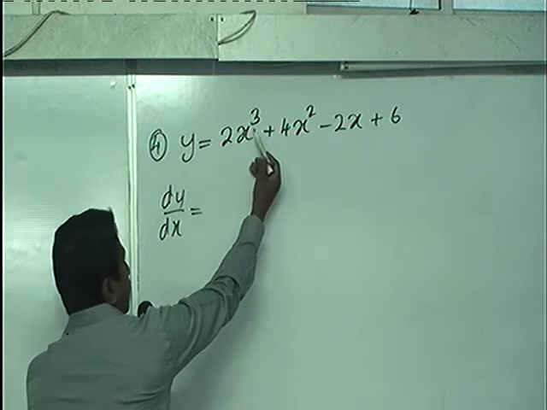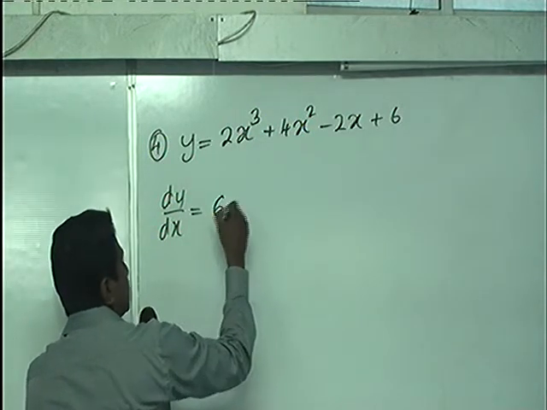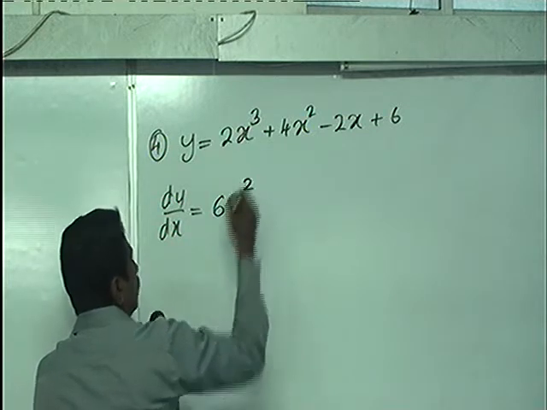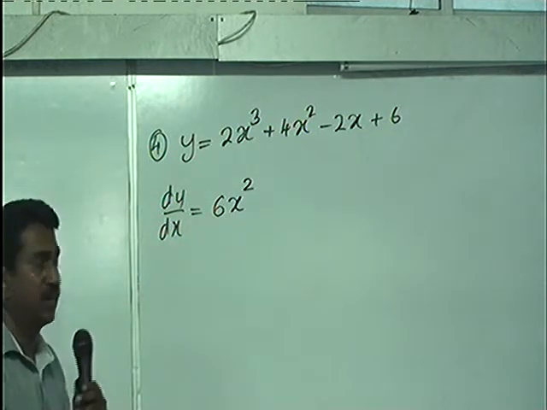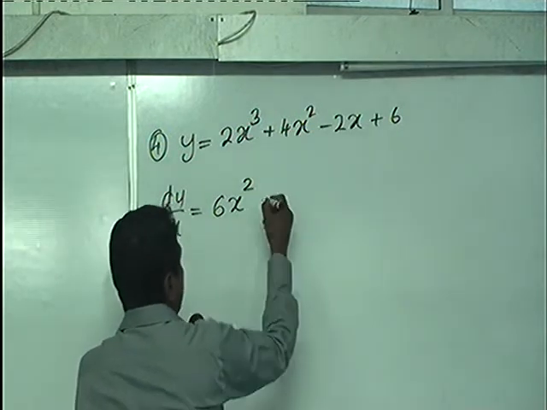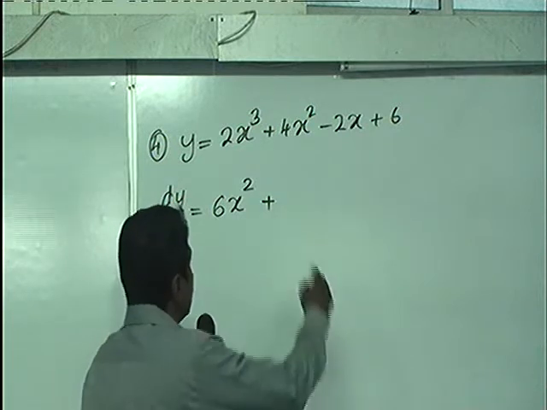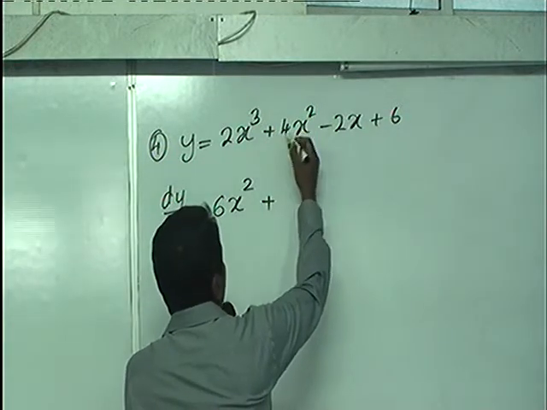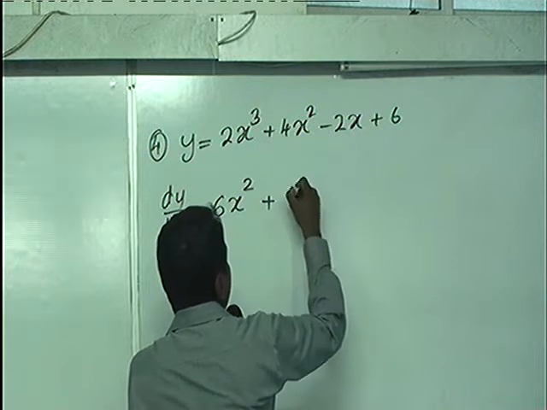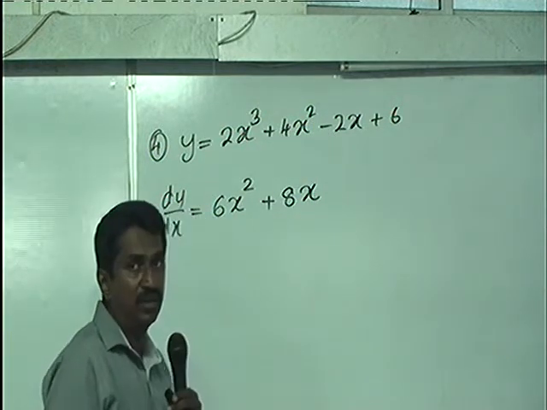So here dy by dx, now you should be able to tell the answer without much hassle. The power is 3, 3 multiplied by 2 is 6x to the power 2. The power dropped by 1, 3 minus 1. So 6x to the power 2, and the sign is plus. So 4 into 2, how much? 8, x to the power 1. I don't want to write 1.